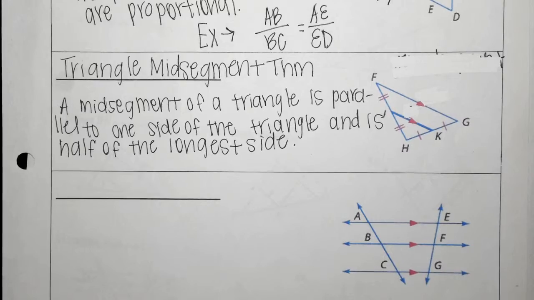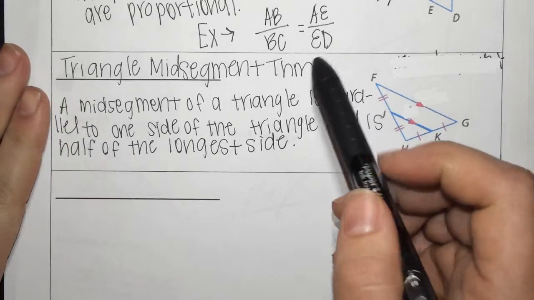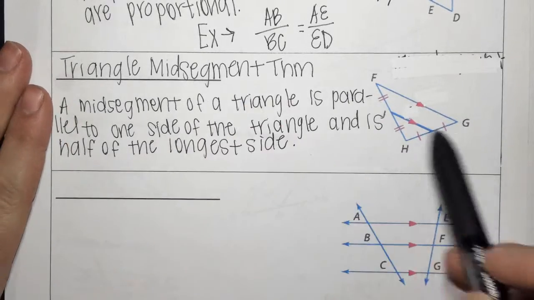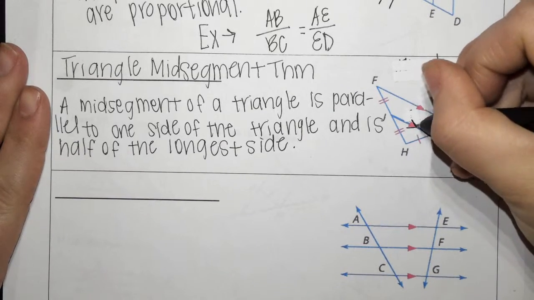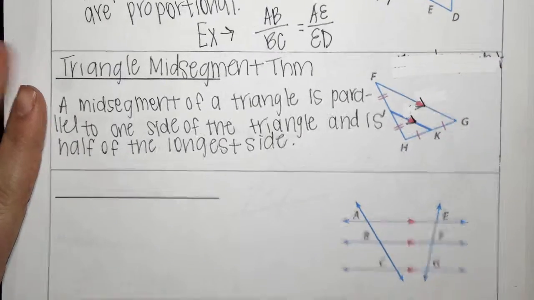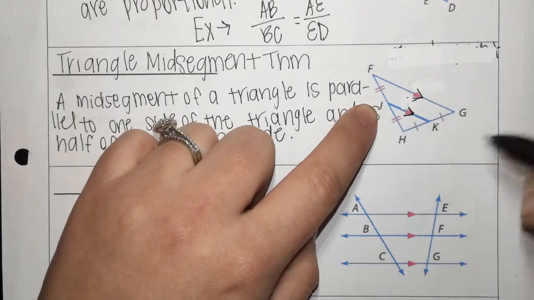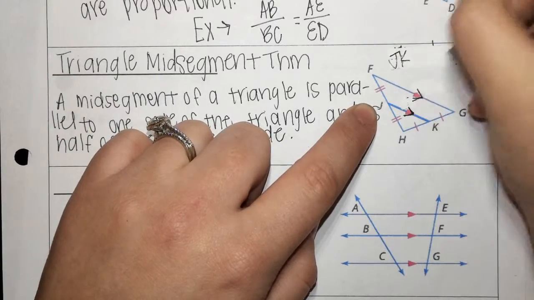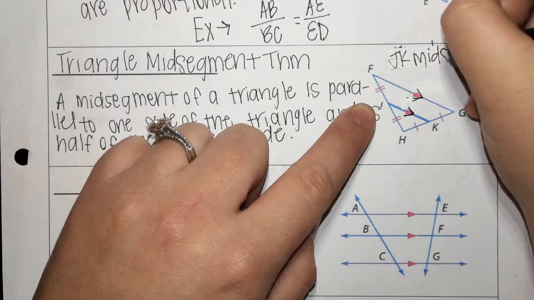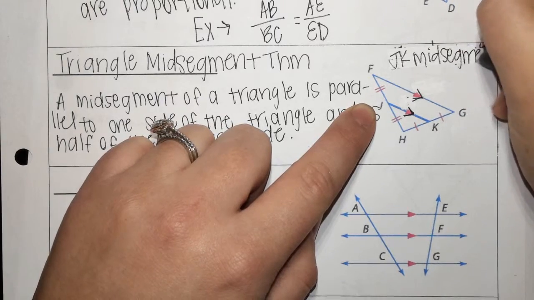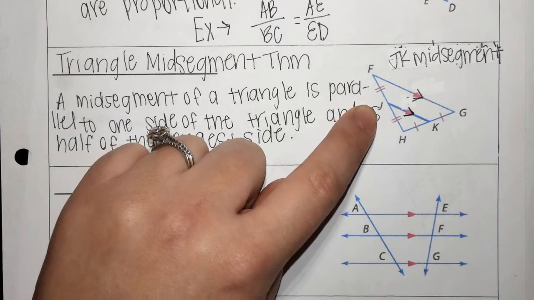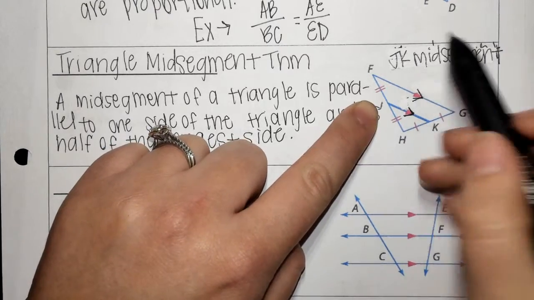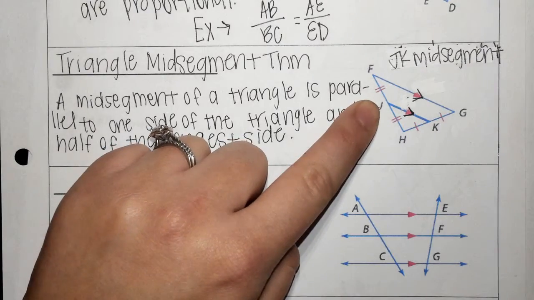Okay, what this means. Let me explain. There's a mid-segment, and it's in the middle of this triangle. So right here, you see these two parallel lines. Well, JK, the one in the middle, JK is your mid-segment. Okay, so JK is the mid-segment.